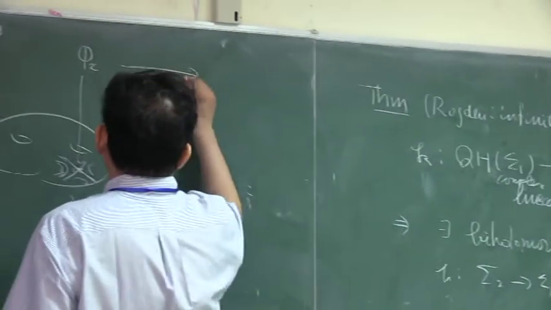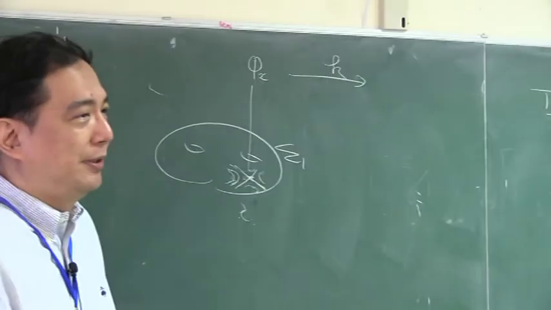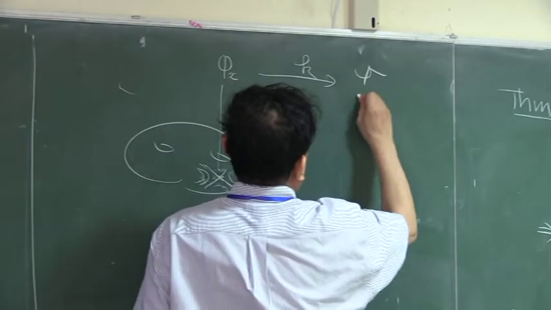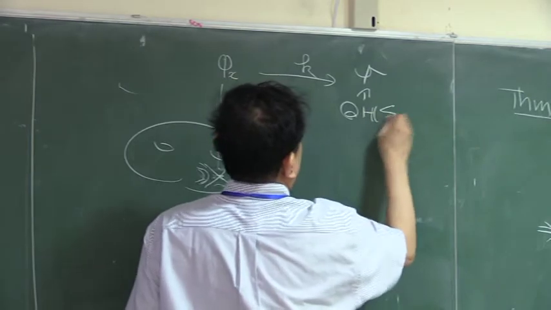Now, K takes this map to some quadratic differential psi in sigma 2. Okay.